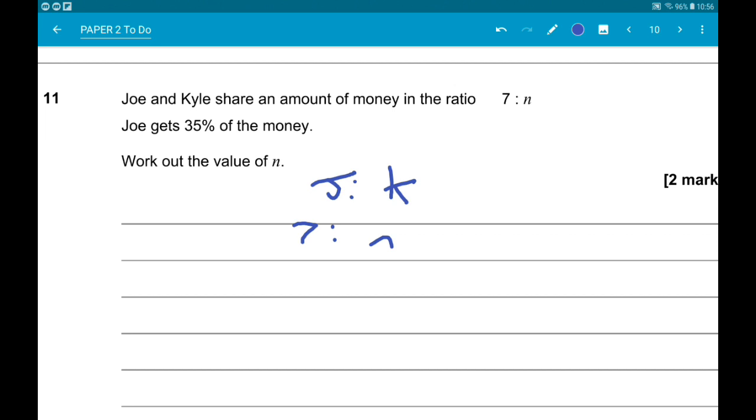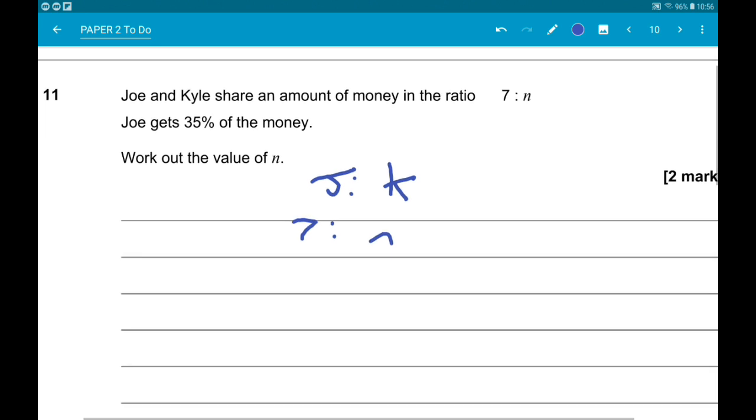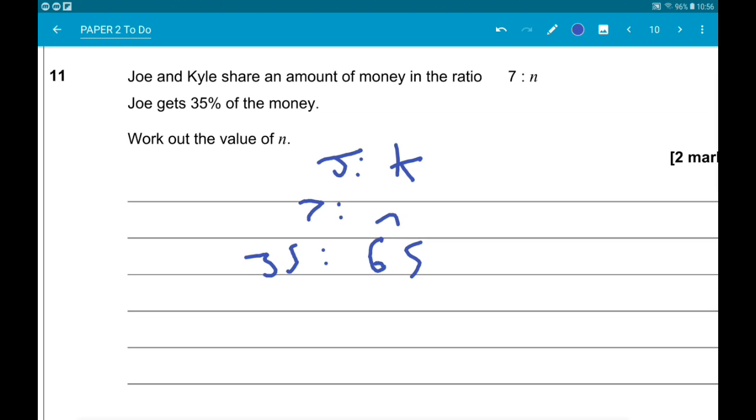Okay, so if we know Joe gets 35%, that means Kyle gets 65%. So the ratio could be written as 35 to 65. Now that has a common factor of 5, it goes down to, 7 to 13, so n is 13.